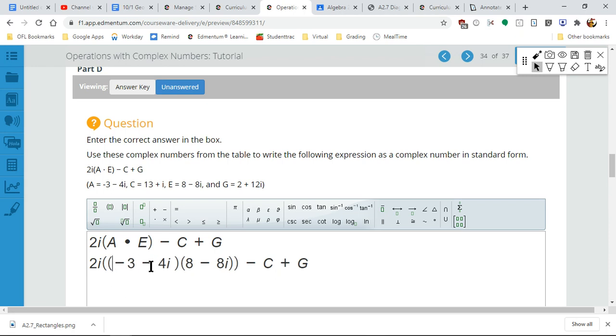Especially because it's telling us that we have to FOIL this before we distribute the 2. And then the C. Oh, shoot. Wait, no. Okay, there we go.